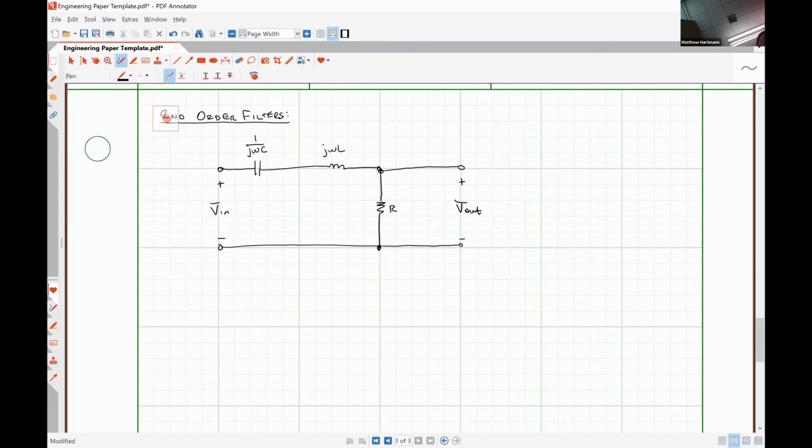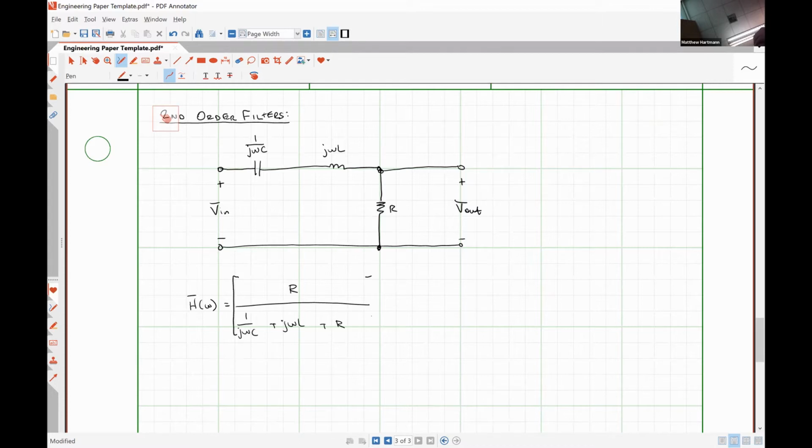So it should be pretty easy to understand that our transfer function H of omega, at least in the denominator, is going to have 1 over j omega C plus j omega L plus R. And in the numerator, since we're applying voltage division, it's just going to be the voltage drop over the resistor. So that would just be R.